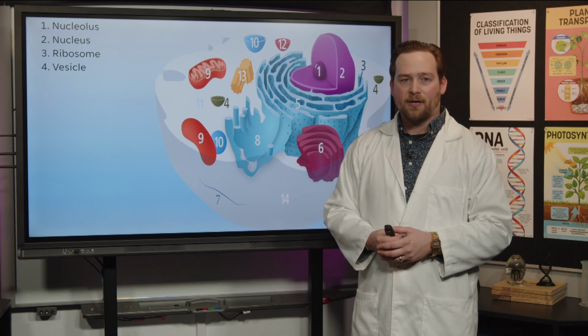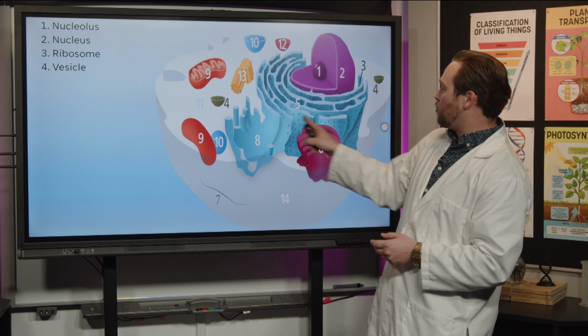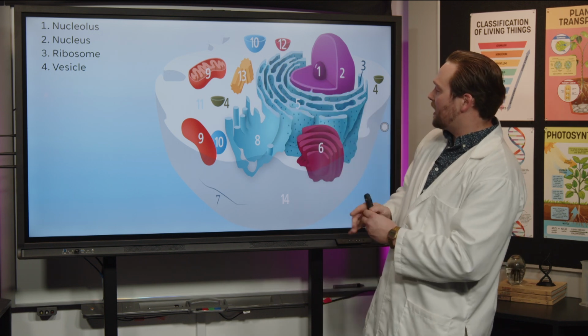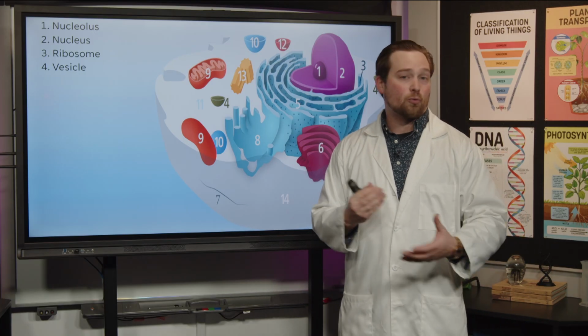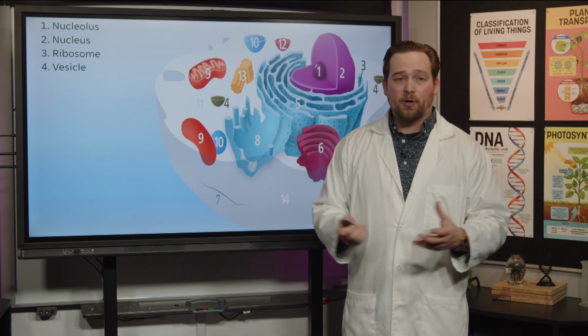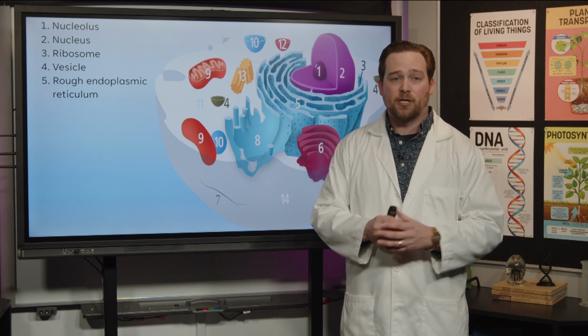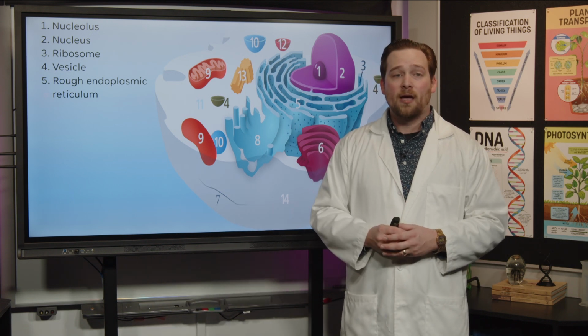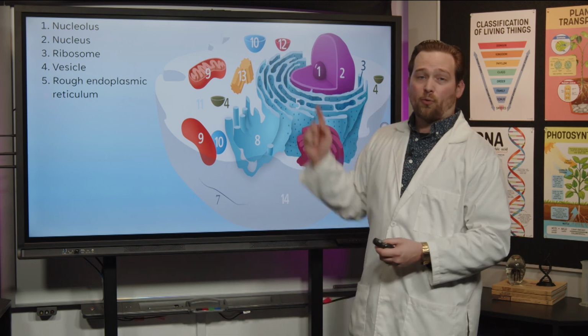Where's number 5 here? Okay. All right, 5 is this whole structure right here. And I'll give you a hint that it has all these little bumps on it, and the bumps kind of make it look rough. So that organelle is called the rough endoplasmic reticulum. Sometimes you'll just hear rough ER, okay? Again, what makes it look rough here is that all these little bumps are ribosomes.